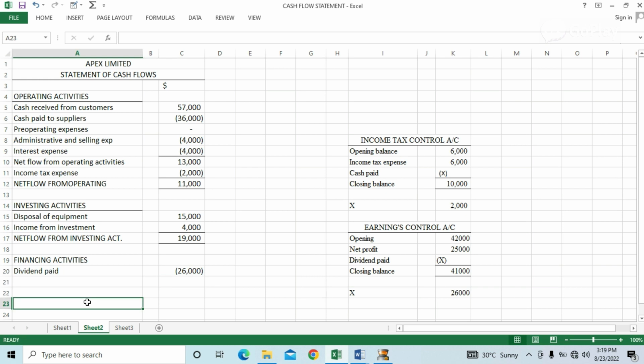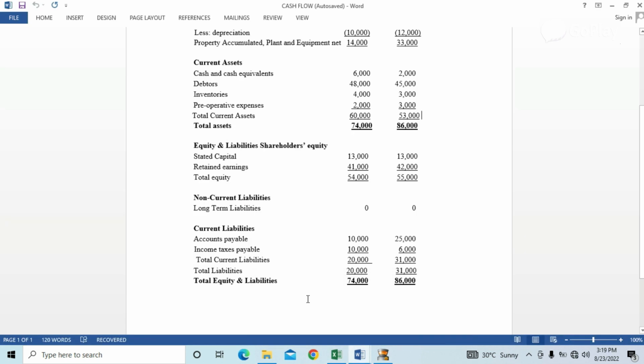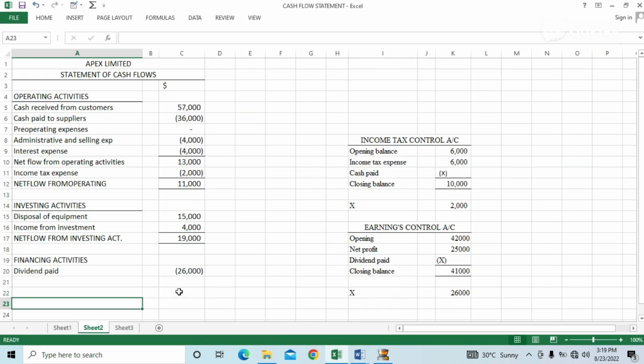So is there any other financing activity? Let's check. No. We have checked long-term loan or long-term liabilities, 0. Stated capital, no difference. So we are done with the financing activity. So we are done with the entire cash flow statement. We are done with the 3 activities.